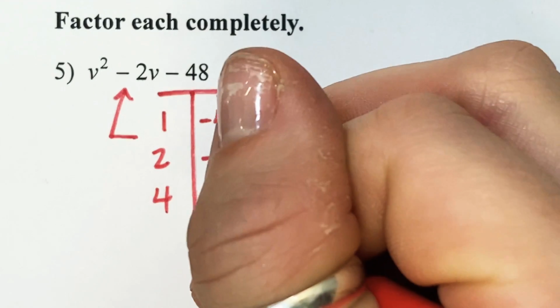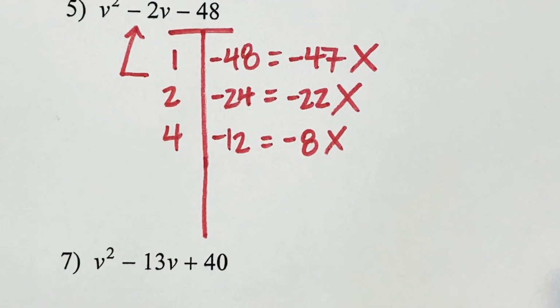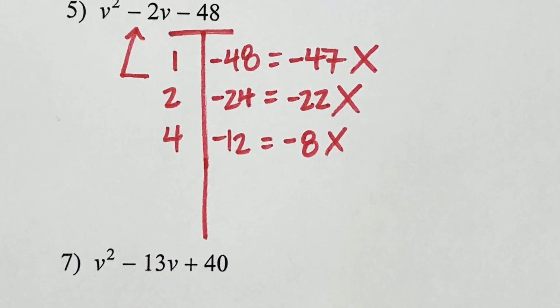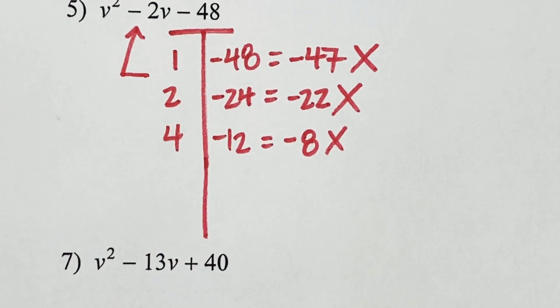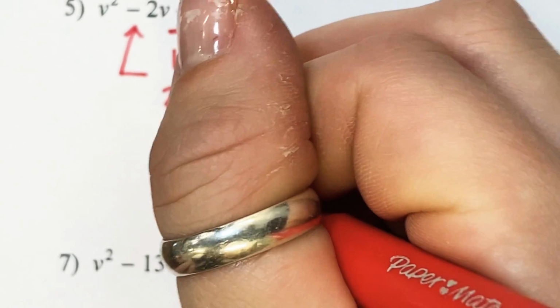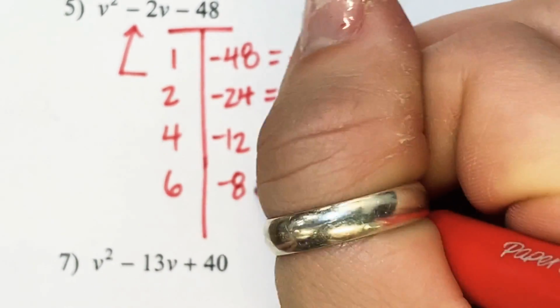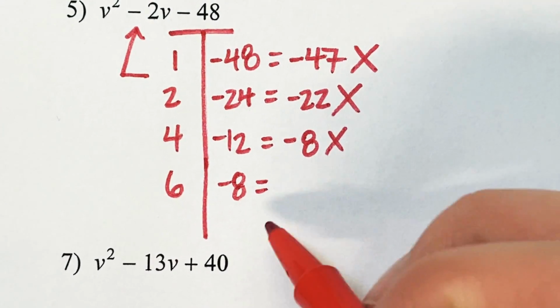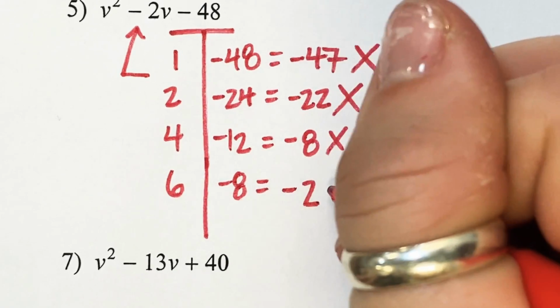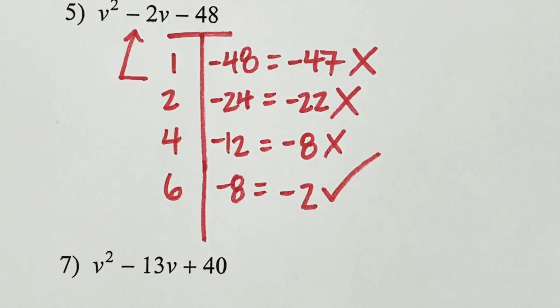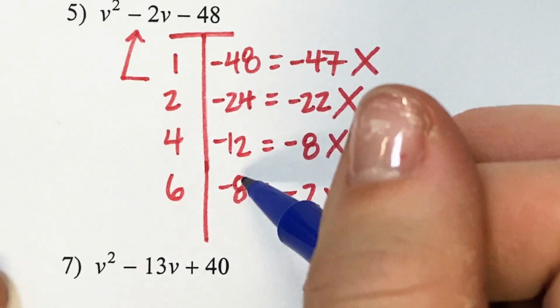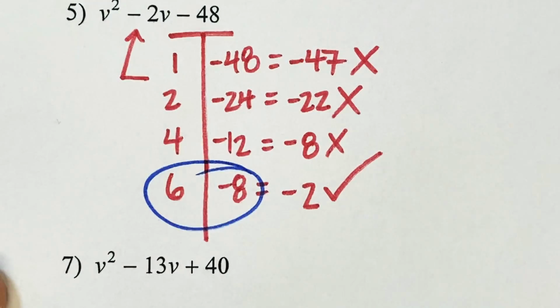Ooh, we're getting closer. Okay, what about 6? Let's see, 48 divided by 6, does that go into it? Okay, 6 times -8. 6 minus 8 gives me -2. Yay, we got it.